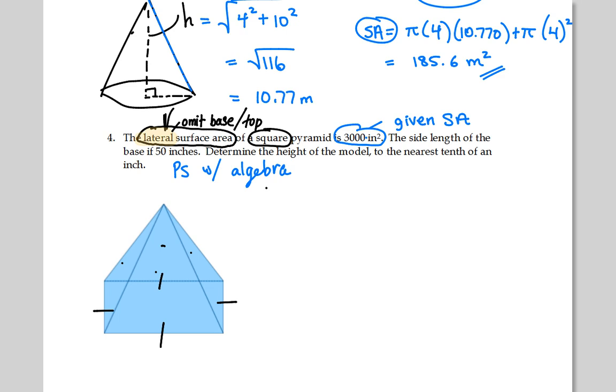So the triangles come in pairs. The front and back are the same, and the left and the right are the same, if it's a rectangle. But because this is a square, all four of those triangles are the same. So for the lateral area, the surface area is equal to 4 times the area of a triangle. Do you agree with that statement?